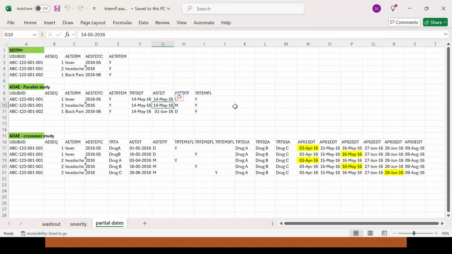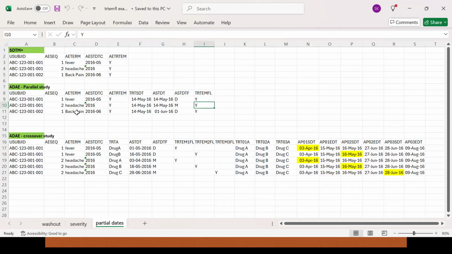So what we have done is we will impute the ASTDT with the treatment start date as the complete date here. And again, since we have imputed the month and day part, the imputation flag will be M and the treatment flag will be populated as Y.